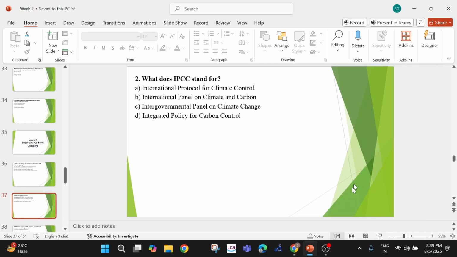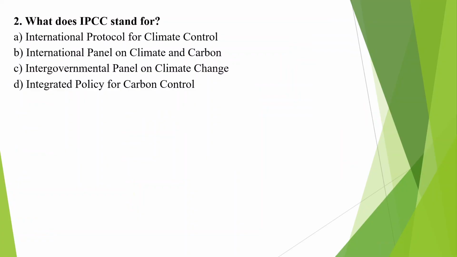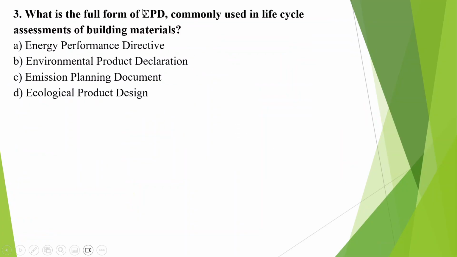Okay. So here's the third question then. What is the full form of EPD? That you must be knowing, because we have discussed several questions related to EPD. You can give the answer repeatedly, because we have discussed it several times.